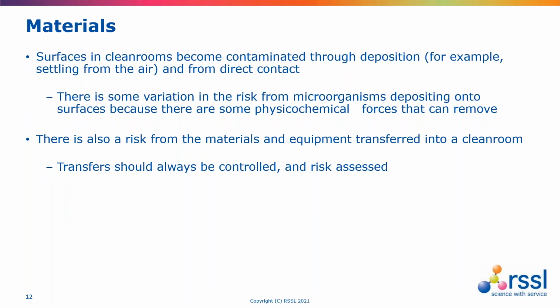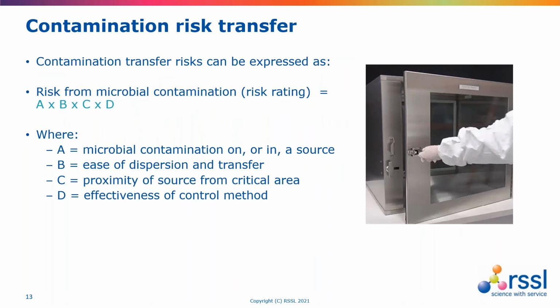But the other thing about transfer and the contamination risks is we can also express that in the following straightforward equation, where A represents the microbial contamination on or in a source. So contamination is there. But what also matters is the ease of dispersion of that contamination, either into the air or transferring from, say, an operator's gloved hand to another surface or surface to surface contact.